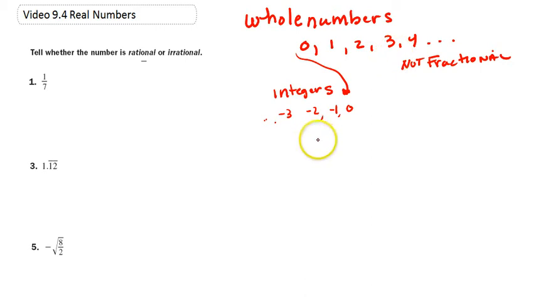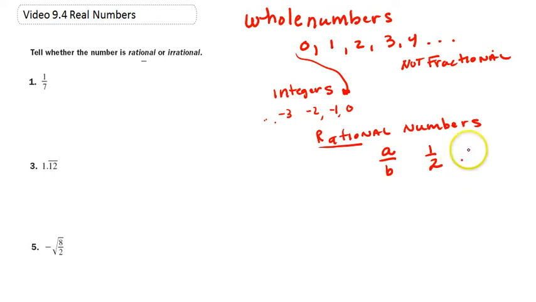The next level is what we called rational numbers. Now notice the word ratio is in here, and we write a ratio as A over B. So 1/2 would be a rational number. 0.3 repeating would be a rational number because I can write it as 1/3.